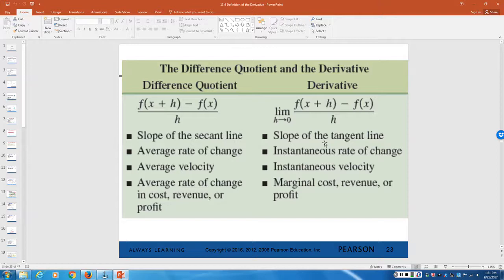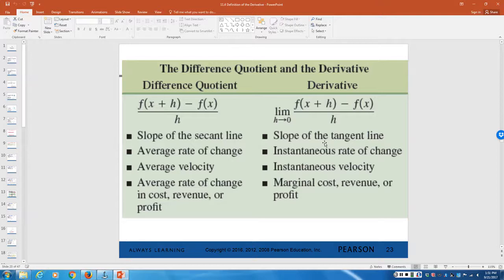It will give you the average rate of change in cost, revenue, or profit, which is the kind of application you're interested in. The difference between the difference quotient, which is the slope of the secant line, and the derivative is that you take the difference quotient, but you take the limit and let h approach 0.